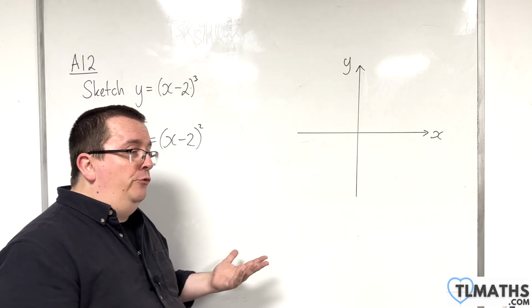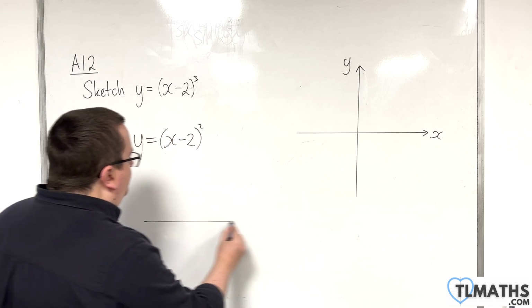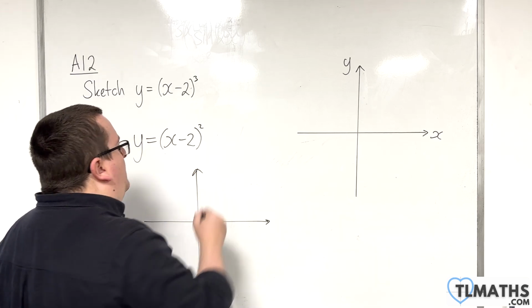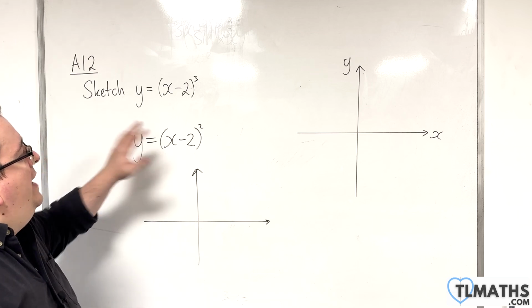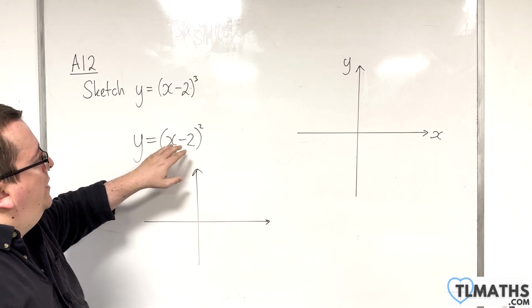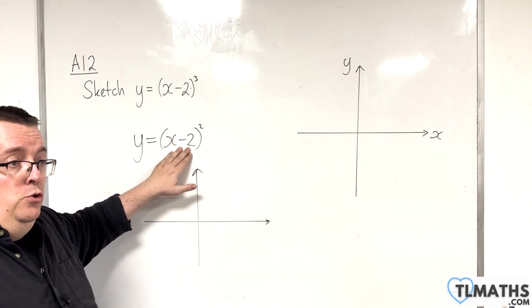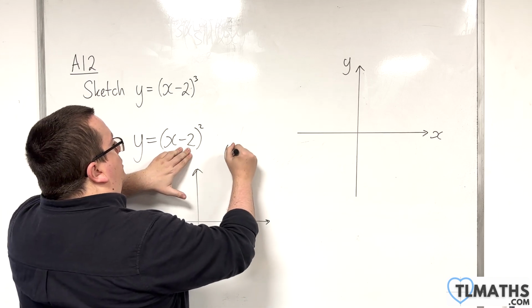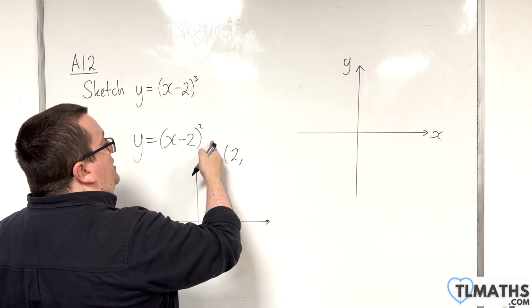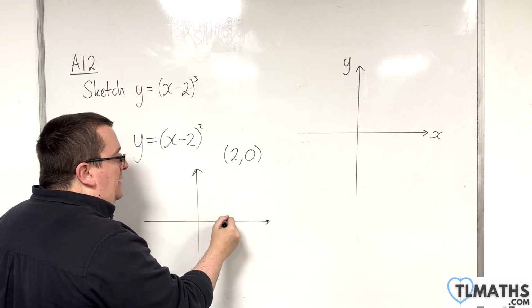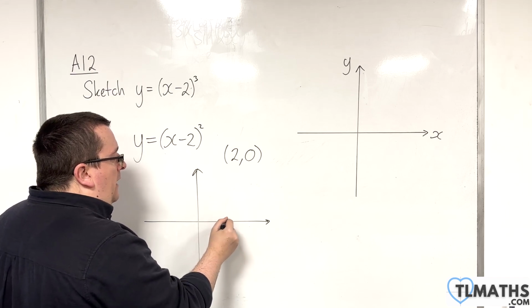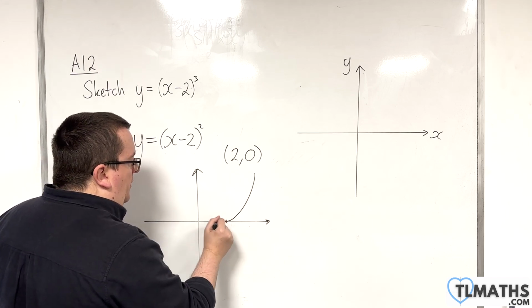It's in both forms really at the same time, but probably easier to think about it as completed square form, because then the turning point is at 2, because the number inside the bracket changes sign. The one outside is plus 0. So its turning point is at (2, 0), and so the parabola looks something like this.